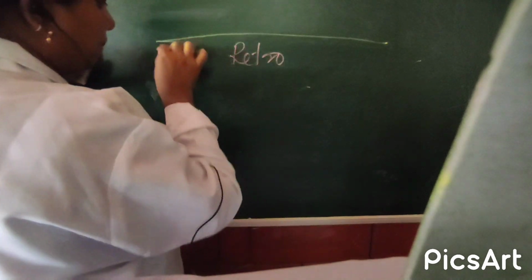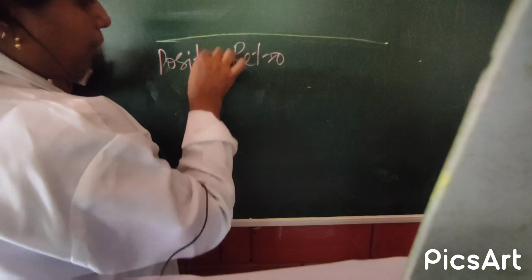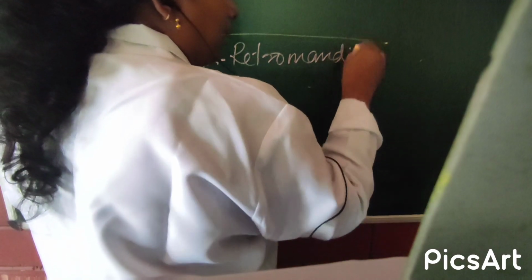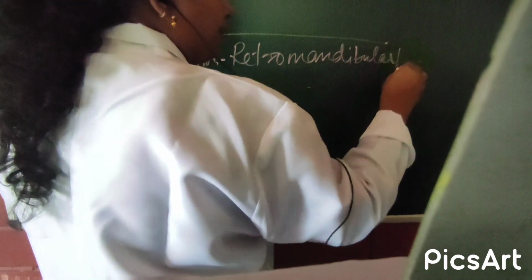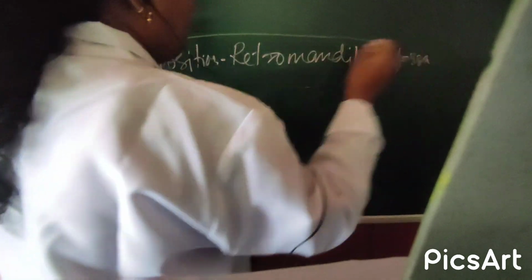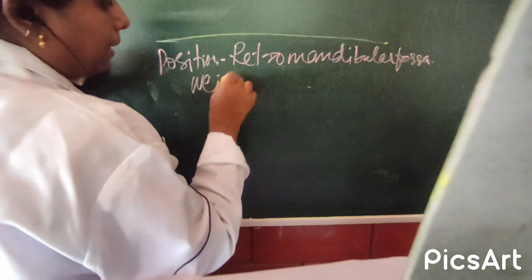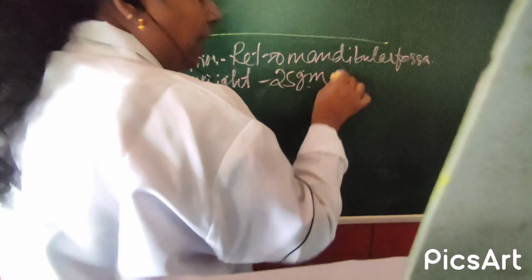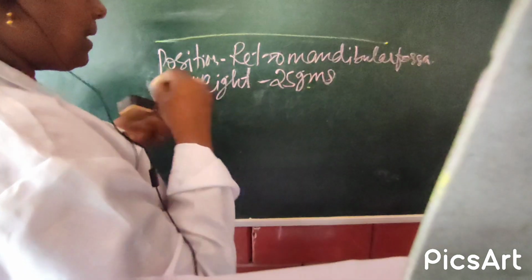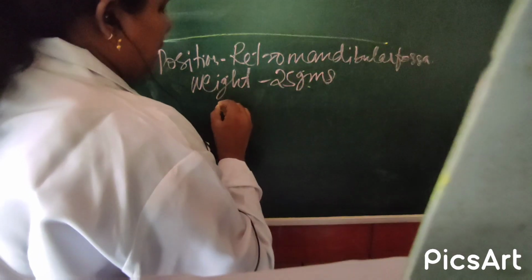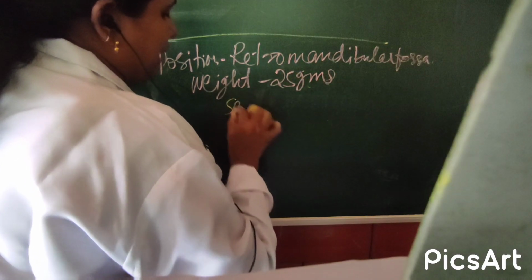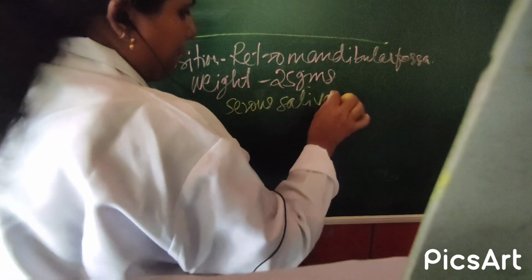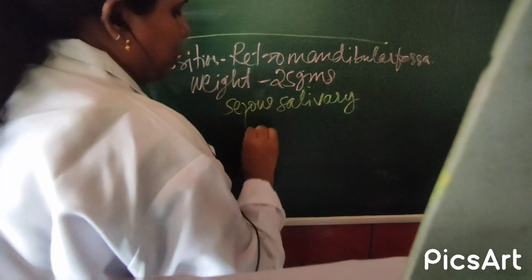That is its position. The weight of the gland is 25 grams, and it is a serous salivary gland which is lobulated.